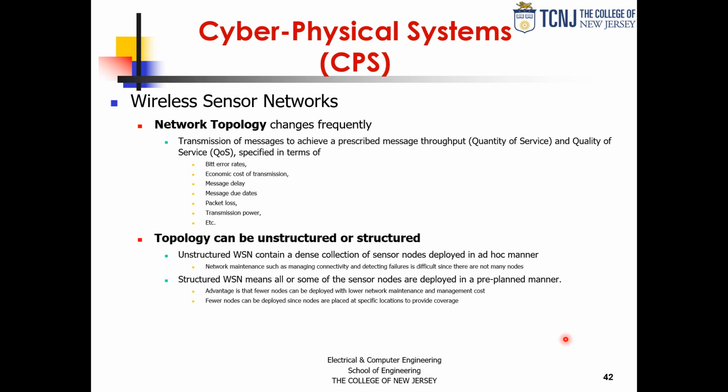So some of the specific metrics are here, like bit error rates, how expensive it is to do a transmission in terms of the bandwidth on the network, what type of latency we incur from the time a message gets sent to the time that it gets received.